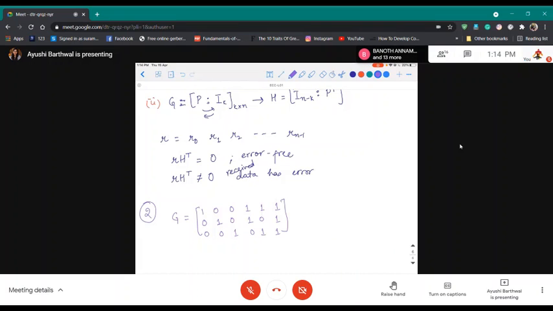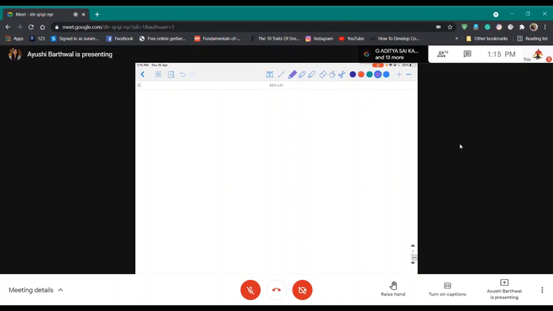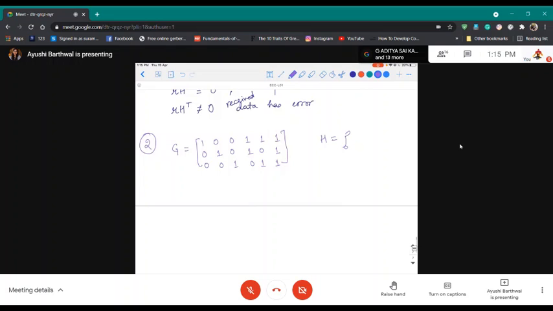You have to find out the parity check matrix with the help of the generator matrix. Now first tell me, what is the value of k over here?